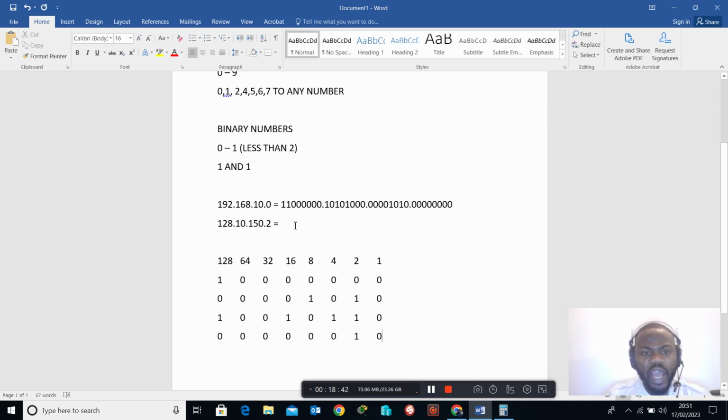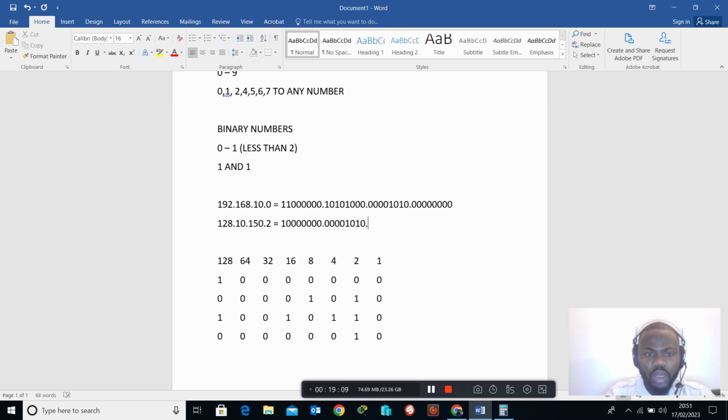So the binary conversion for this decimal value is, the first one, 10000000. That's the first one. Dot the second one, which is 10, 00001010.